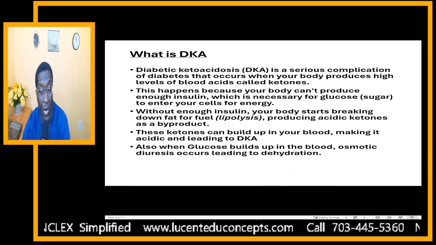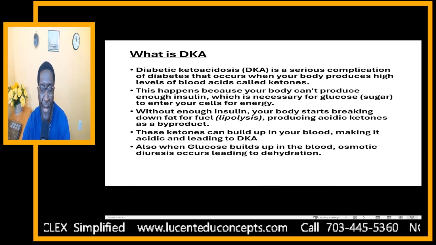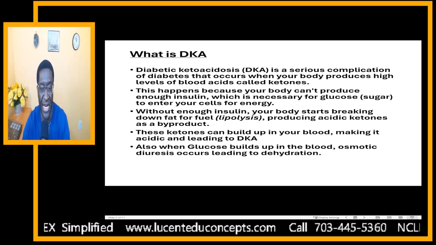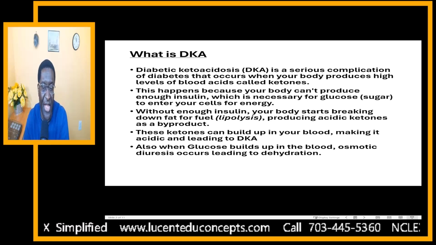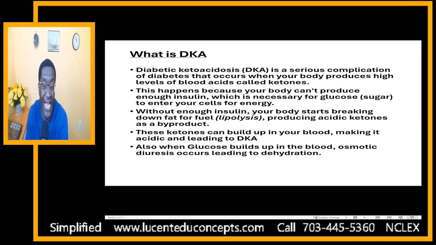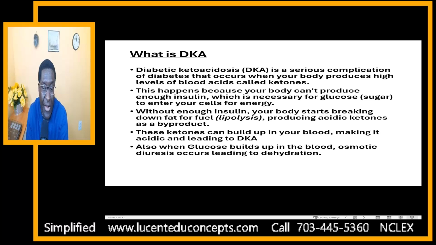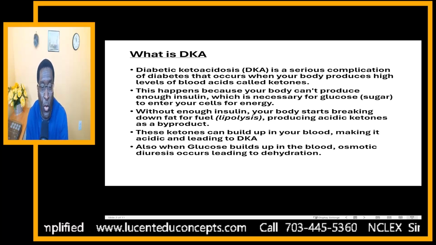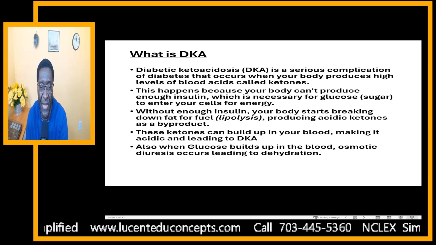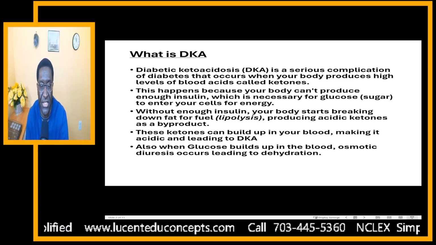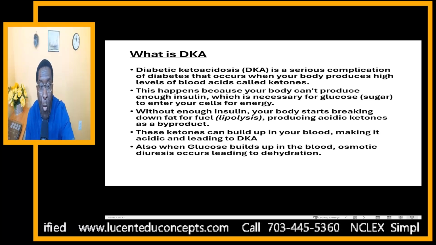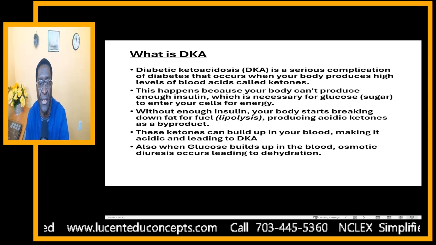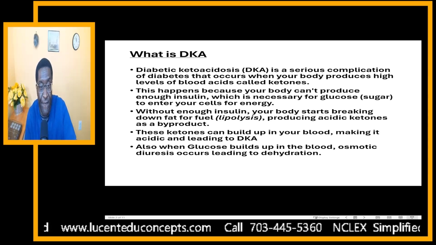That is not the end of it all. Also, keep in mind that when glucose builds up in the blood, osmotic diuresis also occurs because there has to be some pull out of what? Out of the glucose. Glucose is technically, you want to look at it as a body in which there is more hypertonicity related to that, as opposed to just normal fluid.